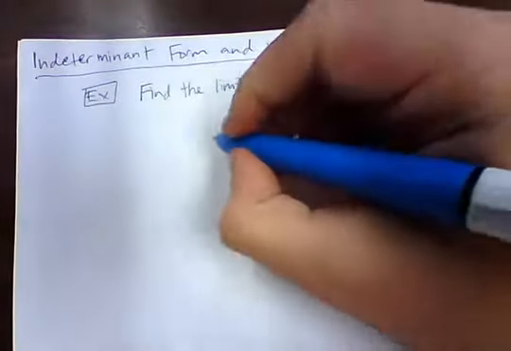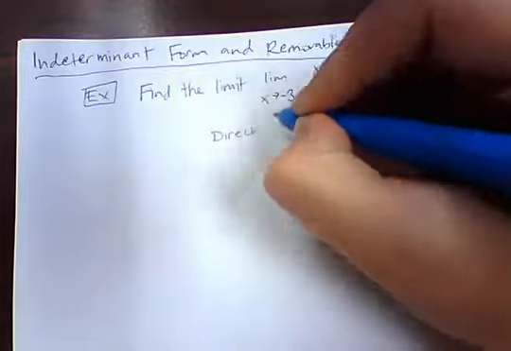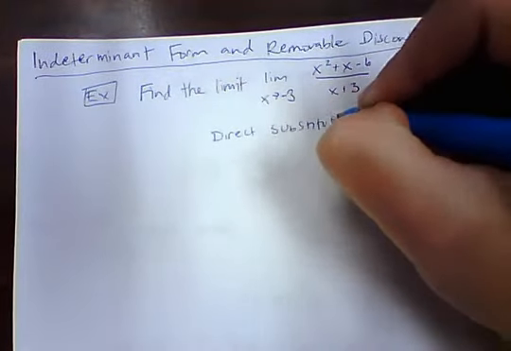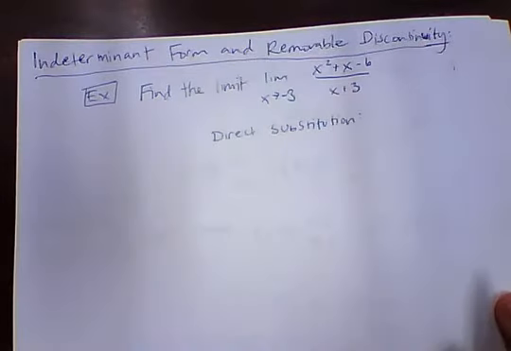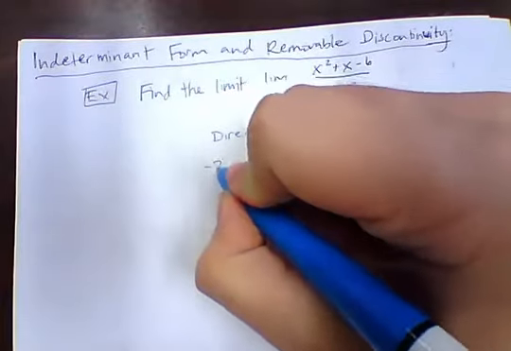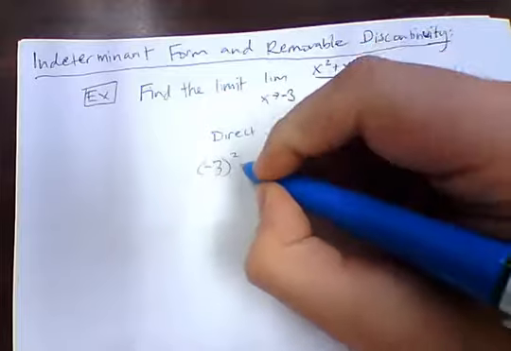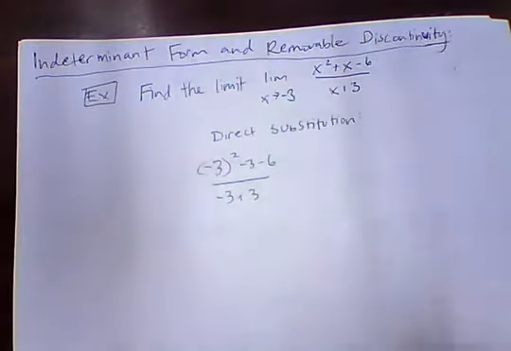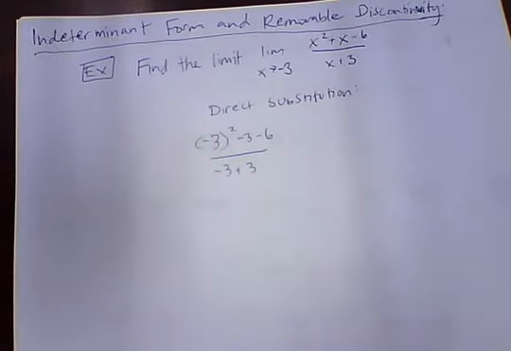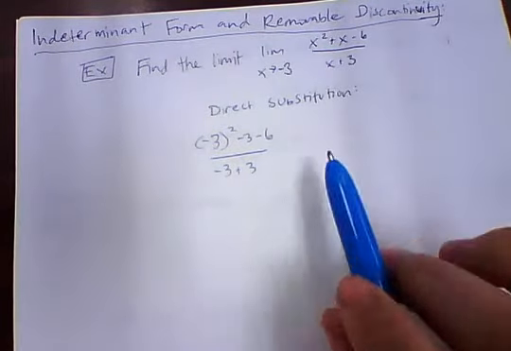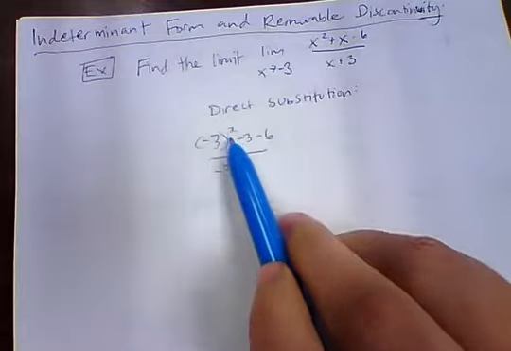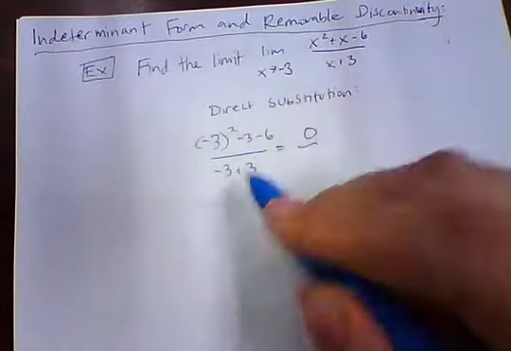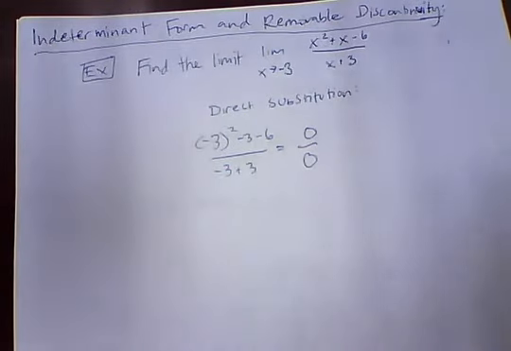Now, if we use direct substitution, we can see that we would get -3 squared minus 3 minus 6 all over -3 plus 3. If we did this all out, we'd get 9 minus 3 minus 6, which would be 9 minus 9, which would be 0. On the bottom, we'd also have 0.